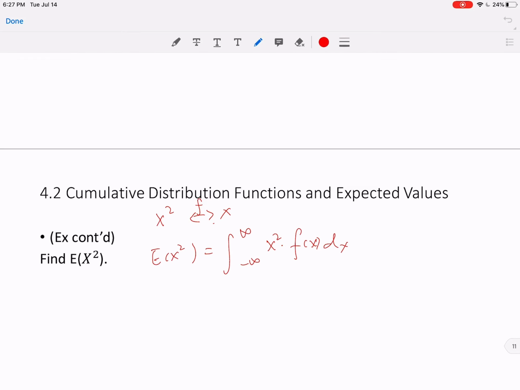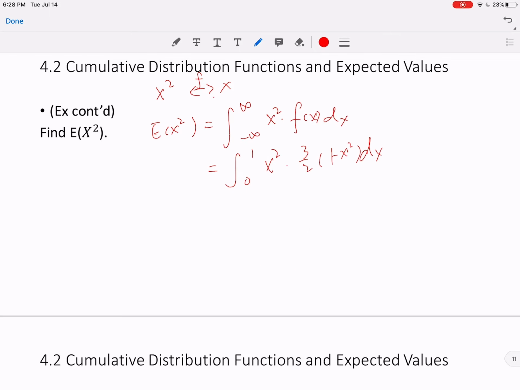And then we just plug in the lower and upper boundary of the interval and the expression of the PDF. So that would be equal to the integral from 0 to 1 of x squared times 3/2 times 1 minus x squared dx. And then we distribute into the parentheses.